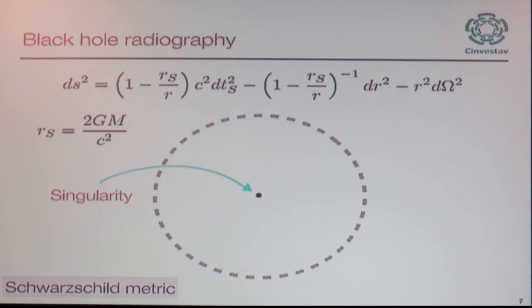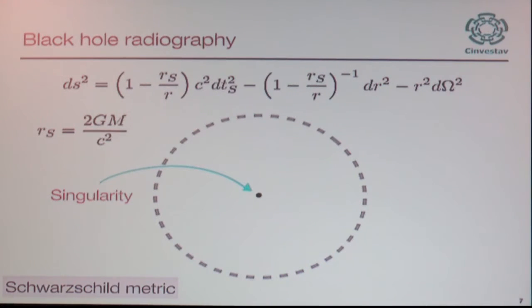So for example, this metric is also the metric for the sun, but it only is valid after the surface of the sun. So the sun has also a Schwarzschild radius, but it's inside the mass. So if you think about the sun, it's because you're applying the theory in a place that you shouldn't, right? For this solution, you consider that all the mass is in one point, but it really is not.